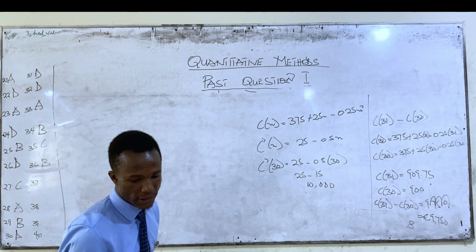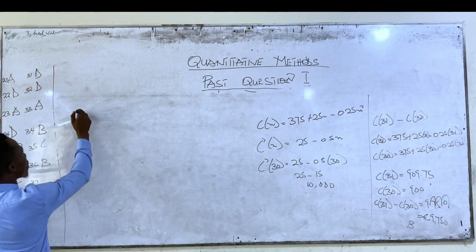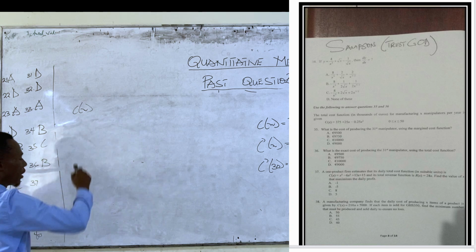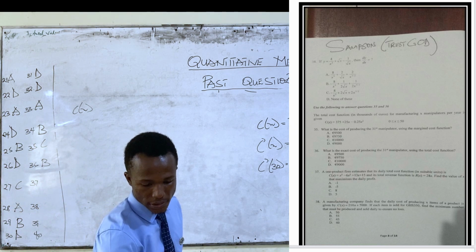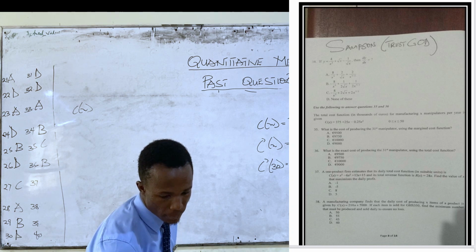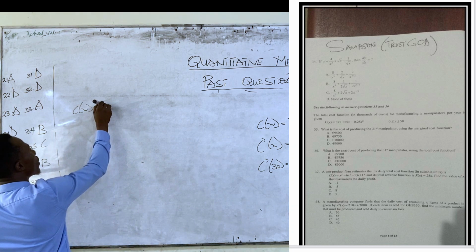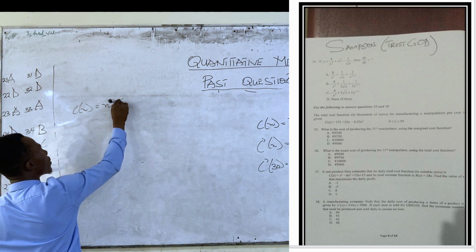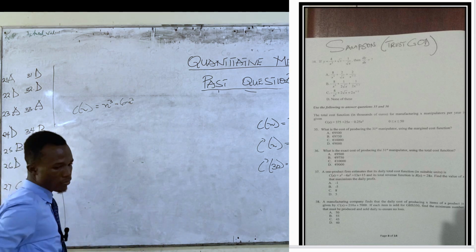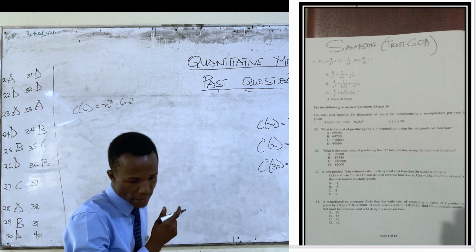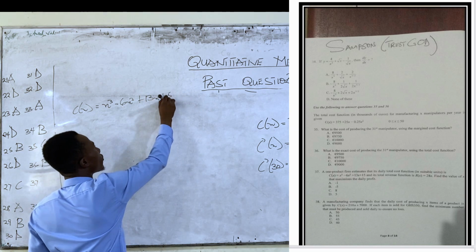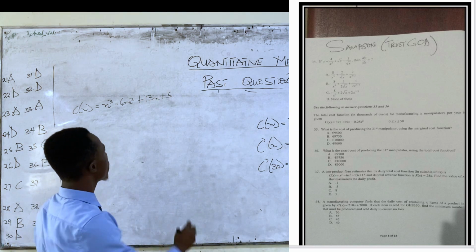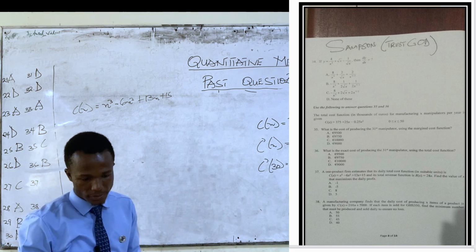So we have the cost function here, which is x cubed minus 6x squared plus 13x plus 15.